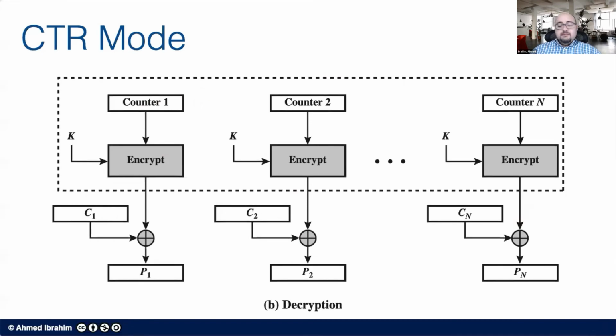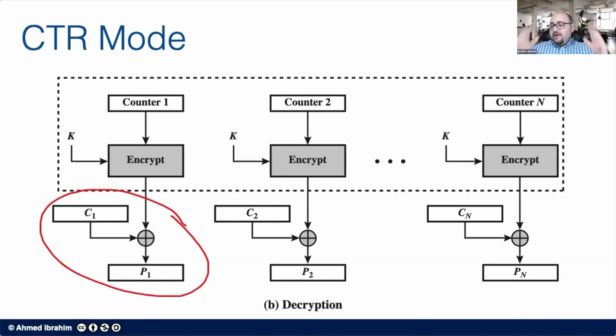In decryption, you decrypt the counters, or rather encrypt them, and you XOR it with the ciphertext to produce the plain text. So this part here is very similar to the stream ciphers that we talked about. They were very simple in a way that it only relies on XOR.